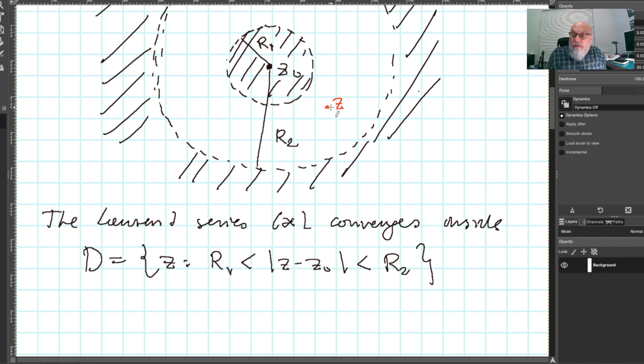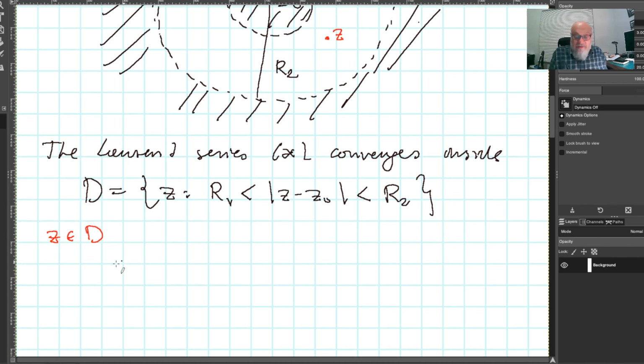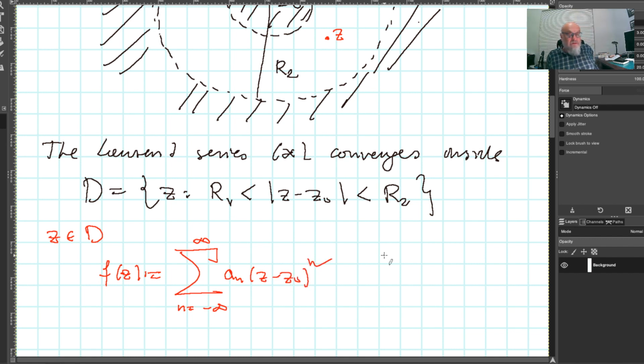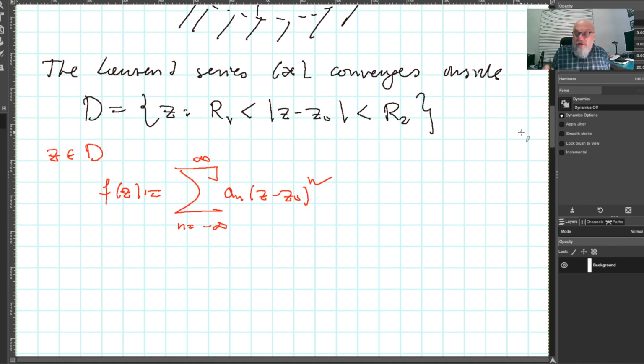If Z belongs to D, then we have a function f of z, given by this particular Laurent series, which is convergent and gives you the value. So we are getting a function, like in the case of the regular power series. Notice that this function is analytic in this region.